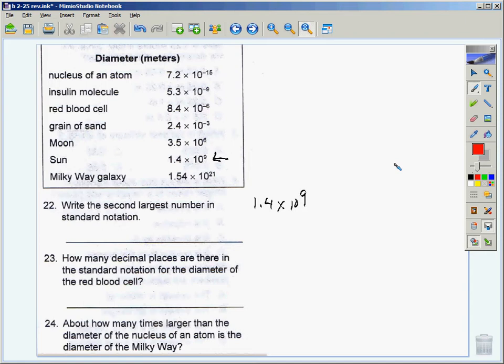So I've got to move my decimal 9 places. When I get 14, I've moved it once, which means I have to add 8 zeros. So you should have, what do we have? 1,400,000,000? Let me make sure.